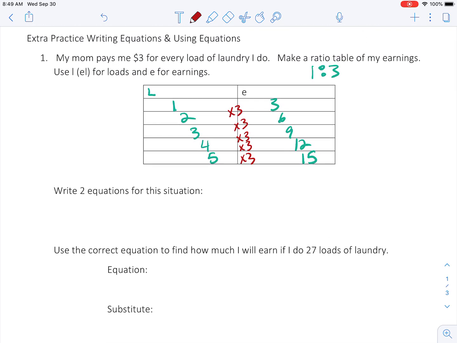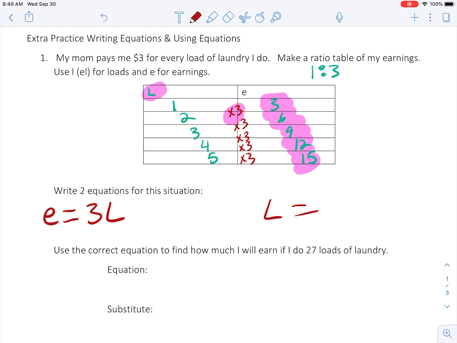So now it says write 2 equations for this situation. One's going to start off with E equals, the other one's going to start off with L equals. So E, what did we have to do to find the number of earnings in the earnings column? Well, we have to multiply the number in L by 3. So E would equal 3L.